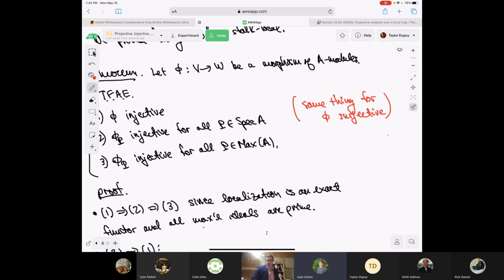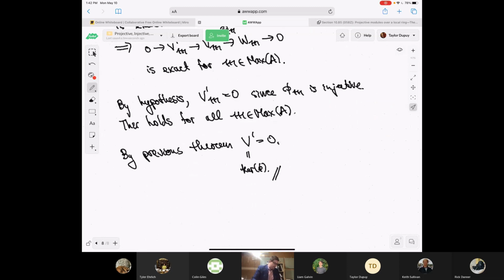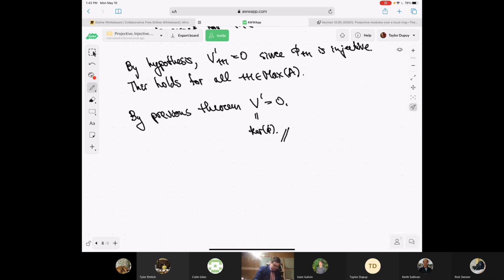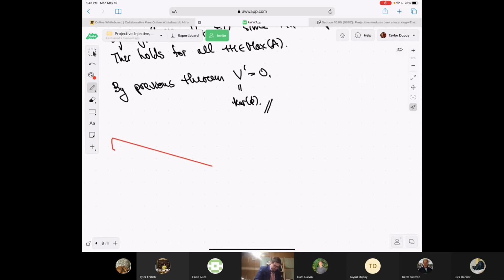Yeah, the co-kernel. The co-kernel is modulo the image. So instead of using the kernel, we use the co-kernel. So I'll just do 3 implies 1 in the surjective case, but the other properties are just as easy because of exactness.